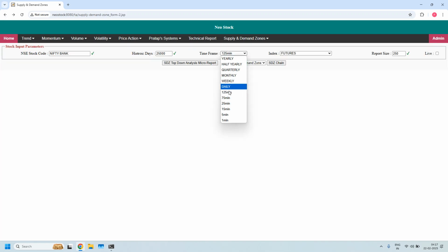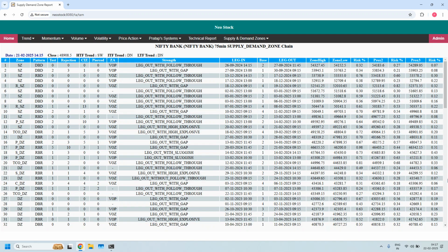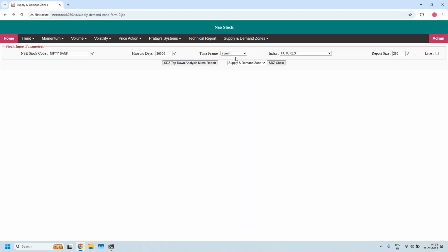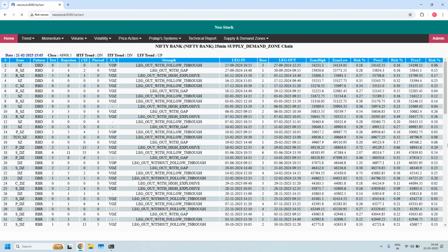Next, 75-minute supply demand zone chain for Bank Nifty. Next, 25-minute supply demand zone chain for Bank Nifty.